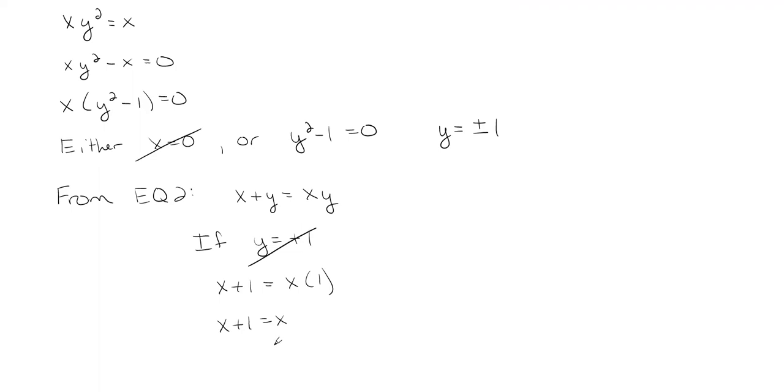So what does that mean? Hopefully this works out. Y equals minus 1, let's try that one. Plugging in y equals minus 1 here, we would have x minus 1 is equal to x times negative 1, which gives us x minus 1 is equal to minus x. Let's take x to the opposite side, so we end up with 2x minus 1 is equal to 0.